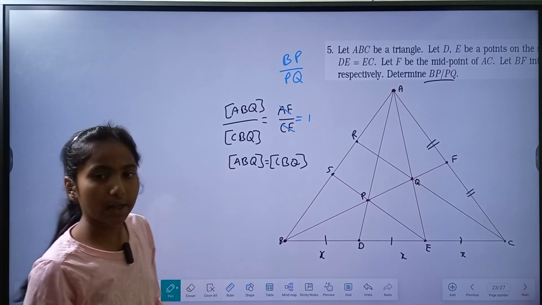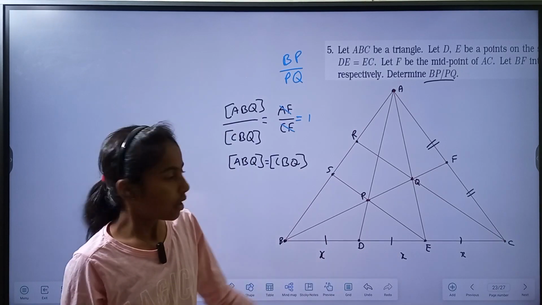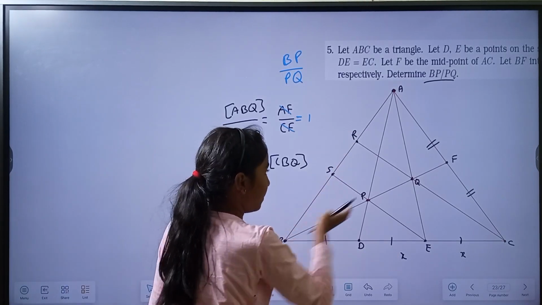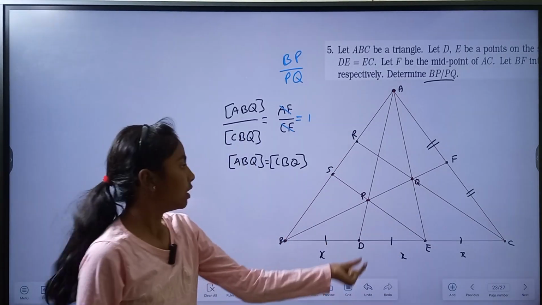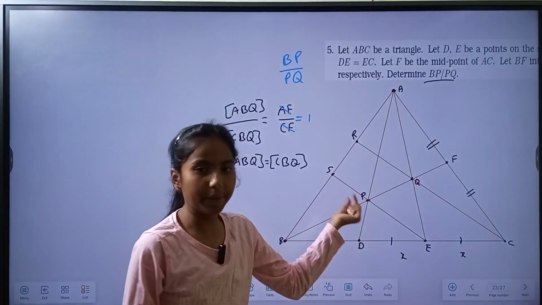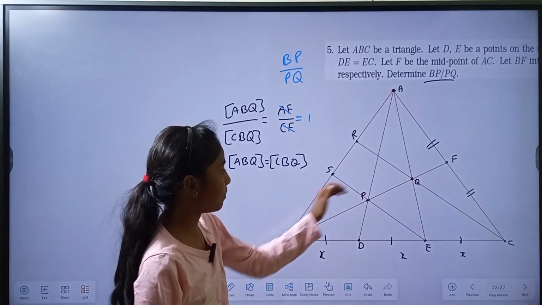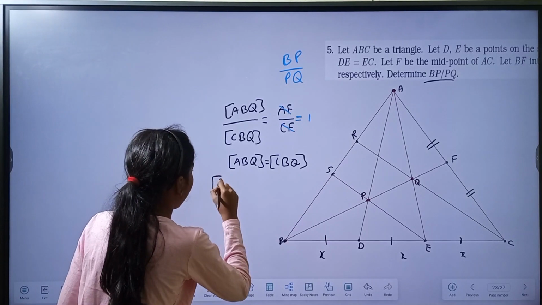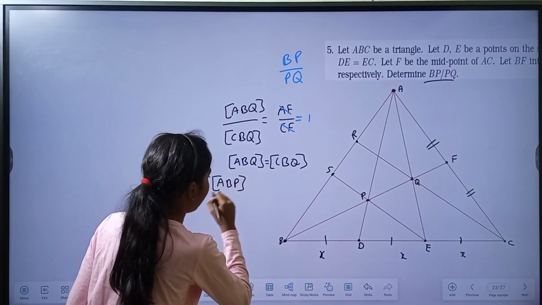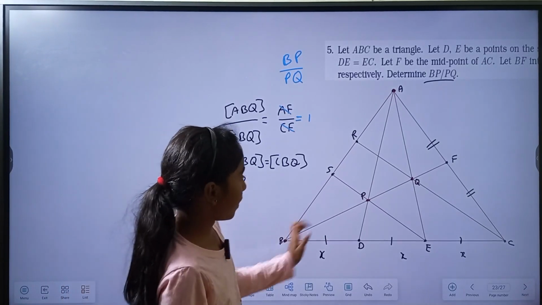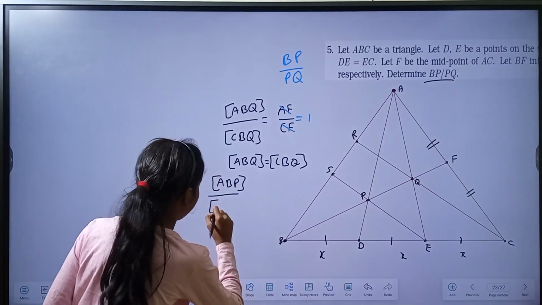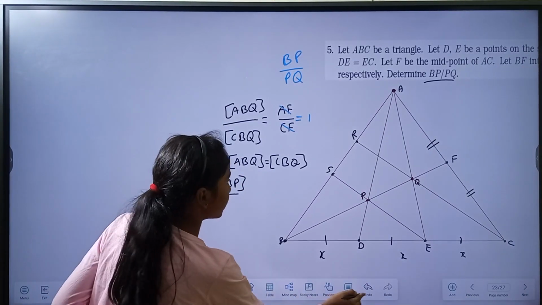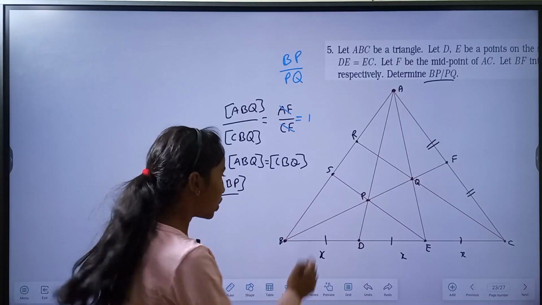In a similar way, let us take the triangle ABE, and we have AD, BQ and ES as the Cevians. These all intersect at the point P. So again we can write ABP divided by APE. Not BPE, because we don't know the value of AQ by QE.